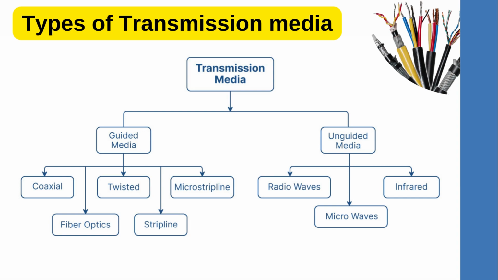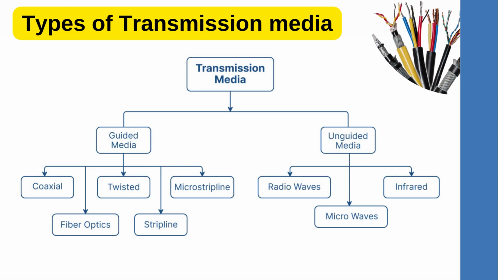If we look at the types of transmission media, there are two main types: the guided media and the unguided media. Guided media is where the waves are guided along a solid medium, such as a transmission line, and you have a physical transmission medium.